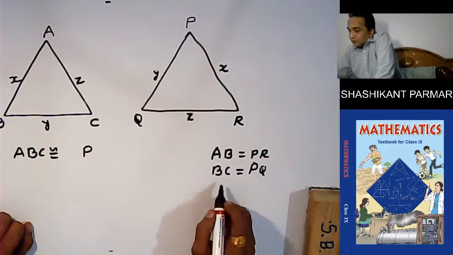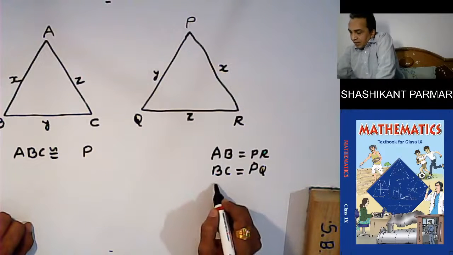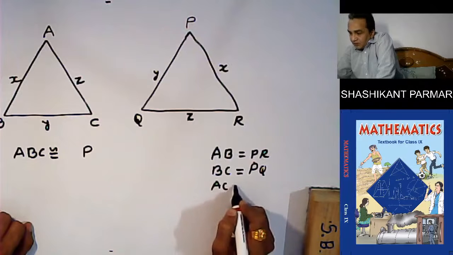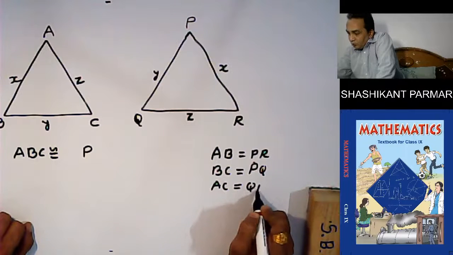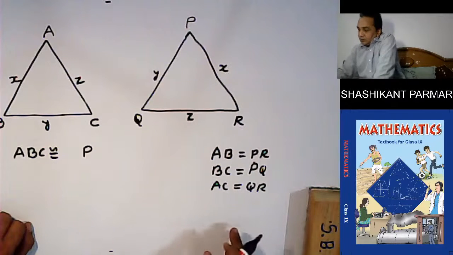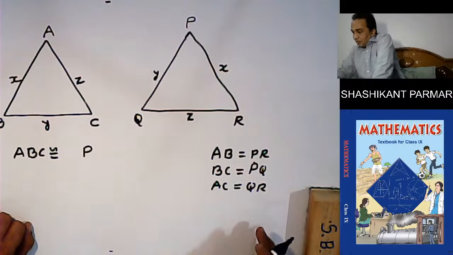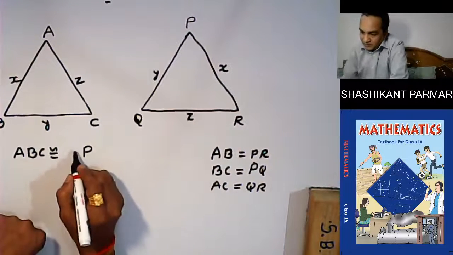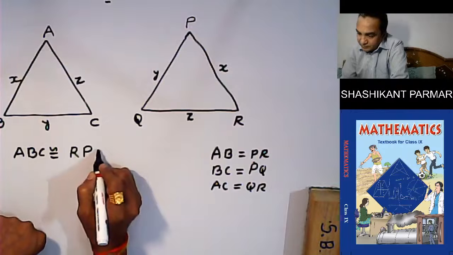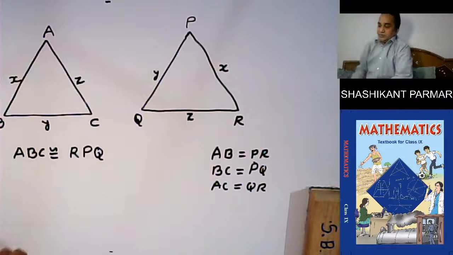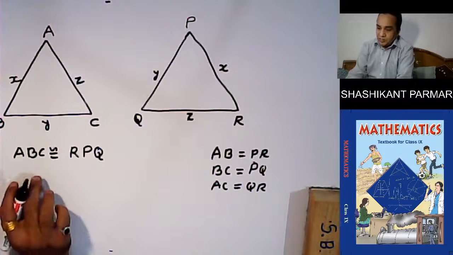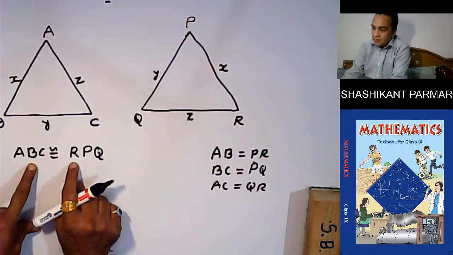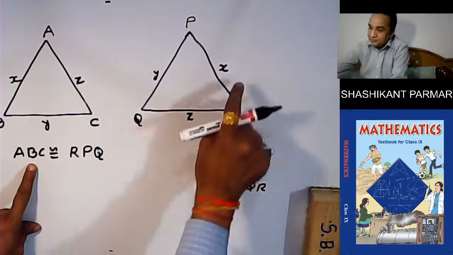Now AC is equal to QR. So now see, AB is equal to PR.